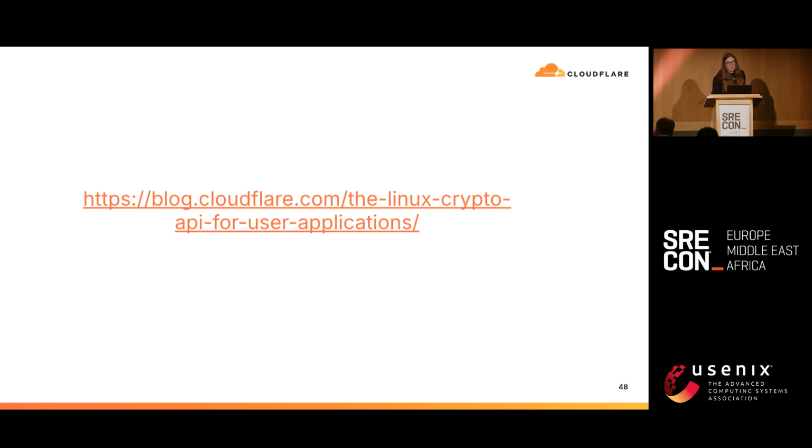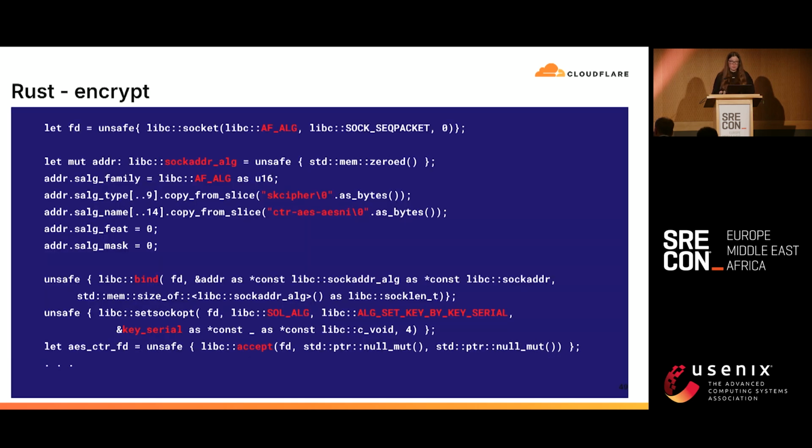The Rust code is very verbose, but the good news is it's very aligned with the C code, which I already have in my blog post. So you can take a look, and basically you will implement it one-to-one in the Rust language. I still give you some code snippets to simplify your life. The approach is the same. We invoke a few system calls. The first one, we set up the AF_ALG socket.